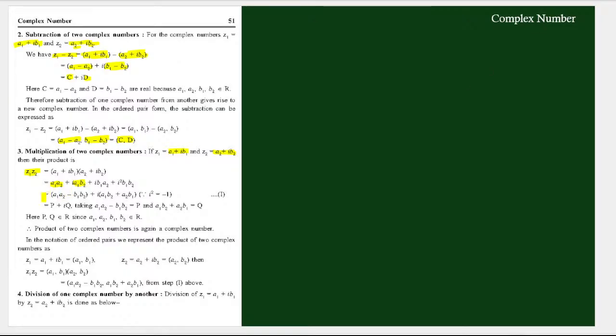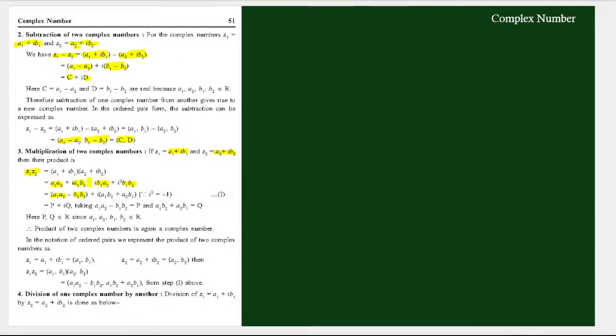So IB1 into A2, I B1 A2, I into I square, B1 into B2. ठीक है, तो आप ये I square क्या आ जाएगा? माइनस हो जाएगा, -1. सो A1 A2 ये हो गया तुम्हारा माइनस. So A1 A2 minus B1 B2.